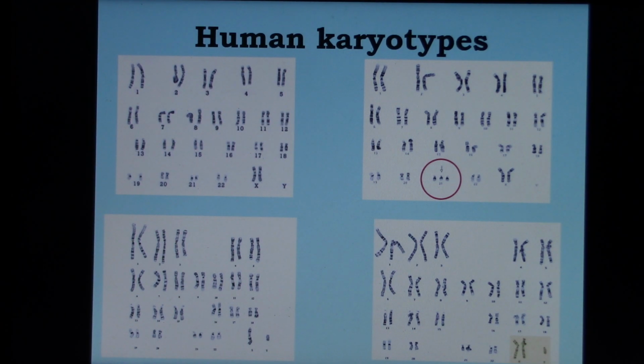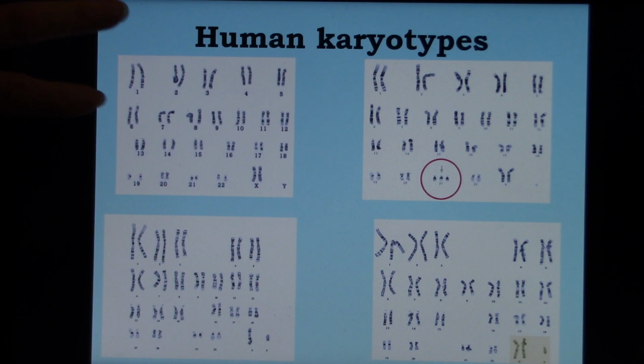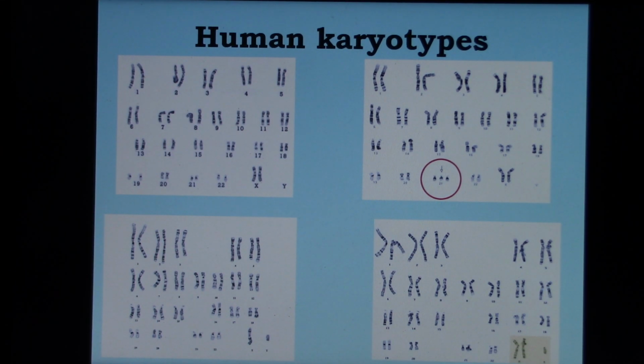So these are made, the karyotypes are made when cells are getting ready to divide, or even starting that process, so that the chromosomes are as condensed as they're going to be. All right, so 22 pairs of autosomes, and I'll get to that later, and then the sex chromosomes. For 23 pairs total, 46 chromosomes.